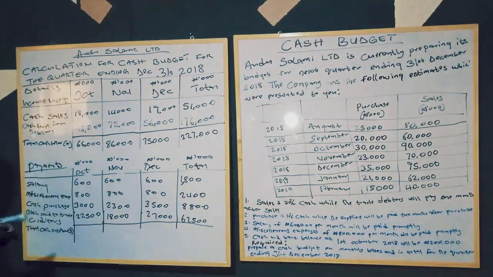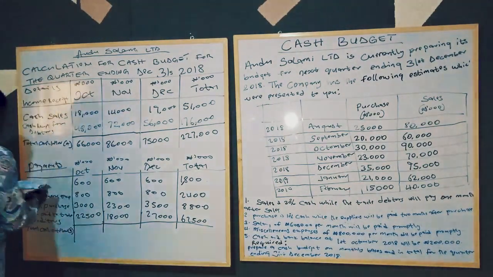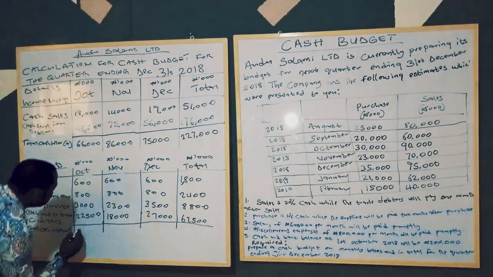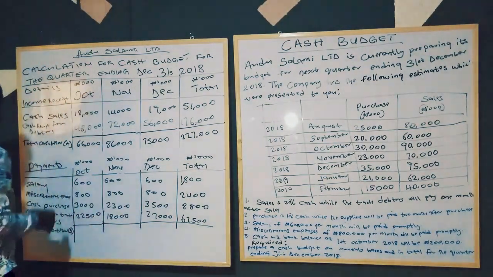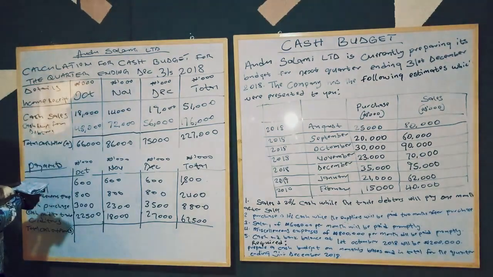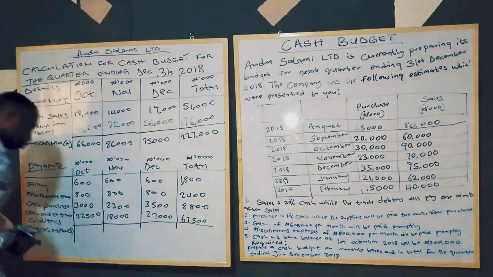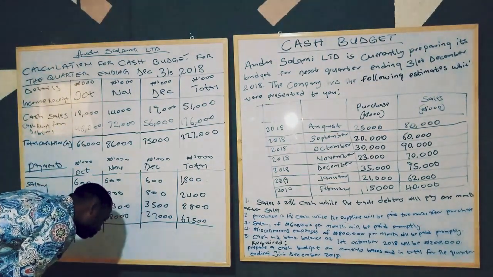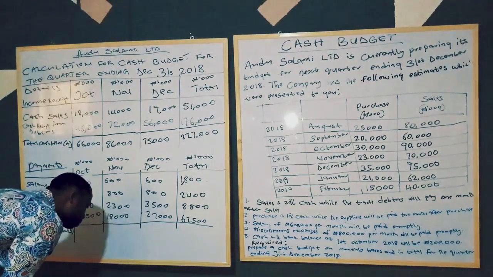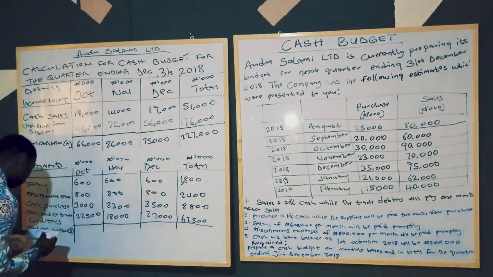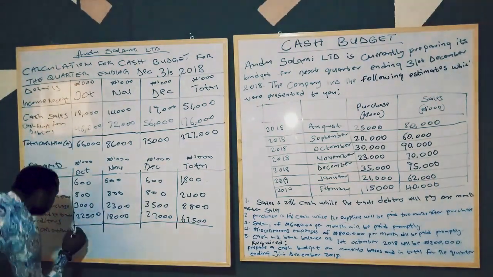So here let's derive our total cash outflow. When we add everything here, we get 26,900.